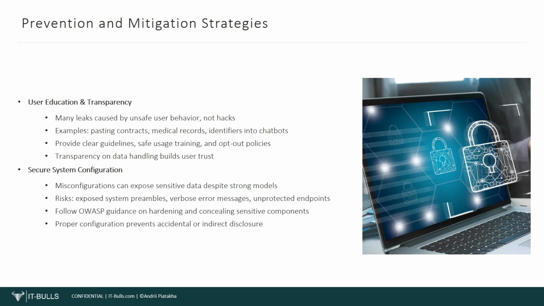Likewise, misconfigurations, such as verbose error messages or unprotected endpoints, can reveal secrets unintentionally. This is why OWASP emphasizes security misconfiguration as a top risk, even for APIs. Following best practices, concealing sensitive preambles, and ensuring that systems are hardened against these leaks are all critical steps.